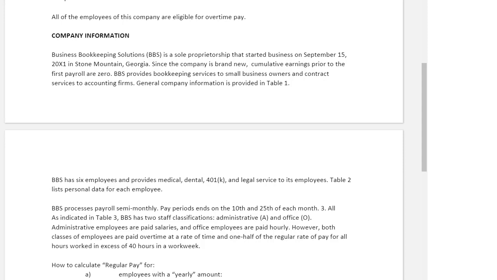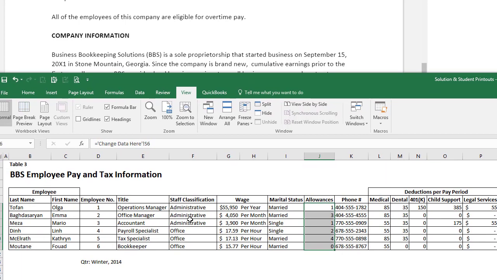Also notice in our instructions it says administrative, A, and office, O, workers are the two classifications of employees. Administrative employees are paid salaries and office workers are paid hourly. So here's our administrative people. They're paid salaried, so no matter how many hours they work, they will get just that regular pay unless they go over 40 hours in a week, in which case the company does pay them overtime.